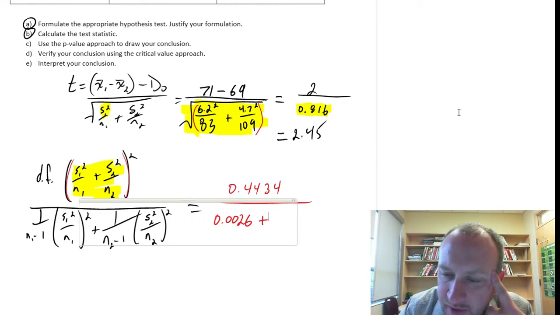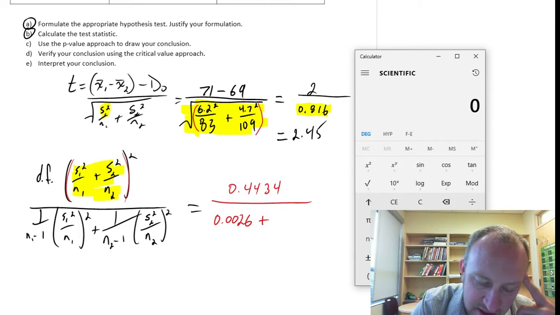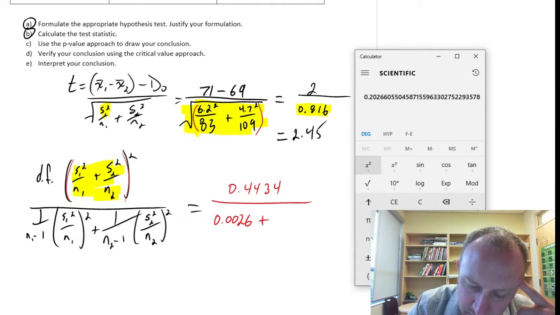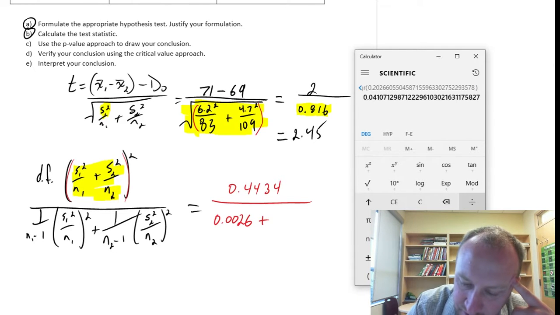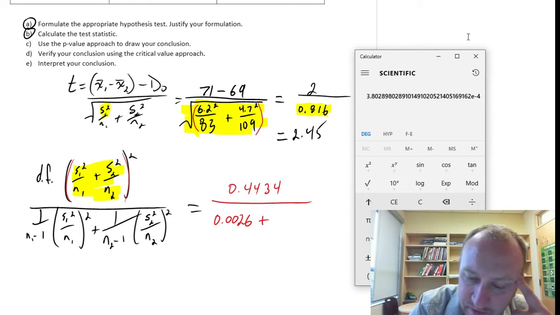Plus, the next term is 4.7 squared divided by 109, all of that squared, and we divide that by n minus 1, which is 108. And so that's 0.0004.